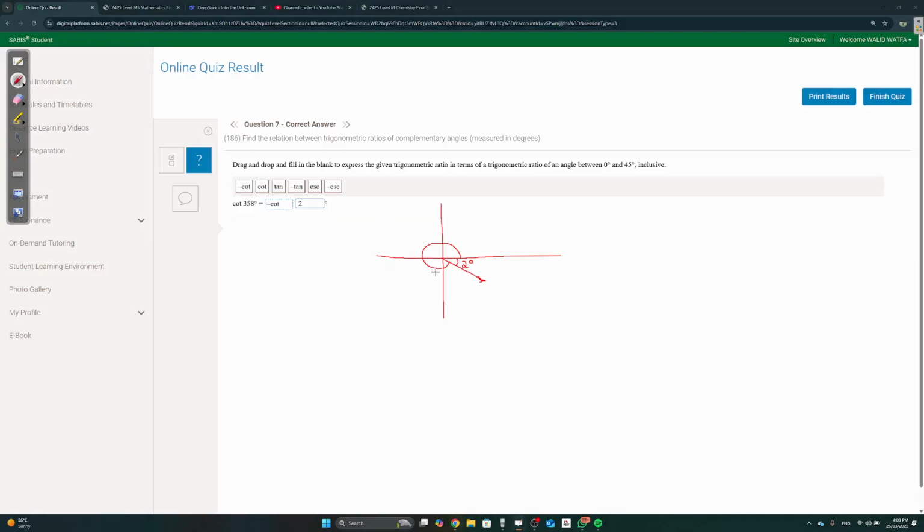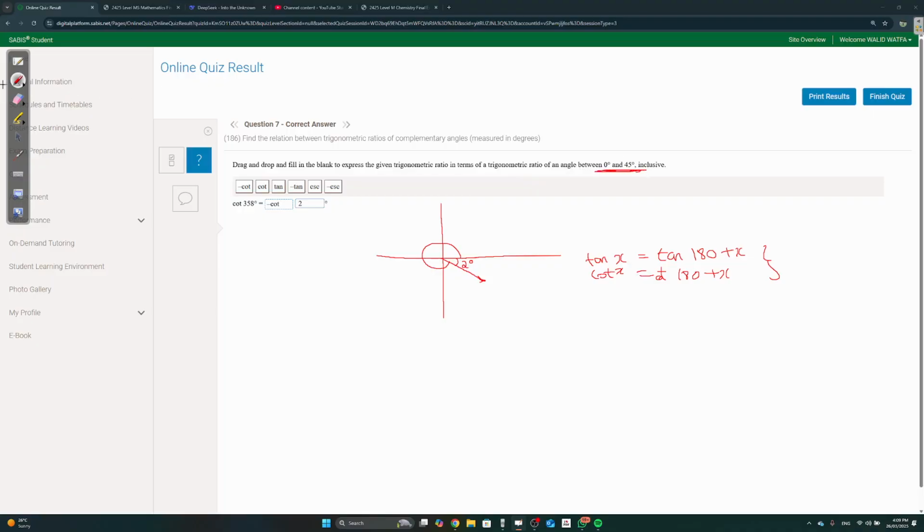The first thing I was looking at is I know that cotan x is equal to cotan of 180 plus x, right? We know this is true for tan and cotan. So I was looking at the one here, then I reread the question and thought, no, why is that not correct? They said between 0 and 45 degrees.